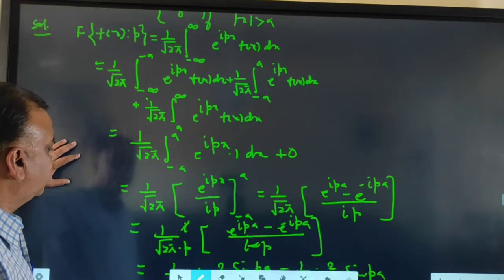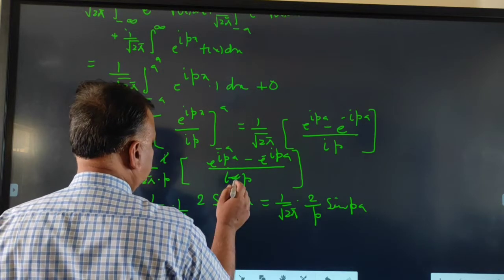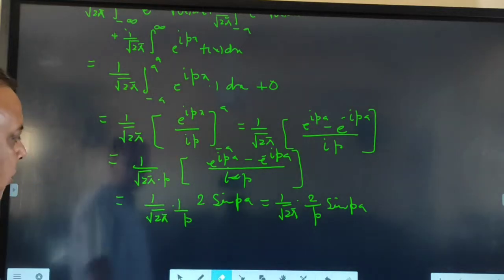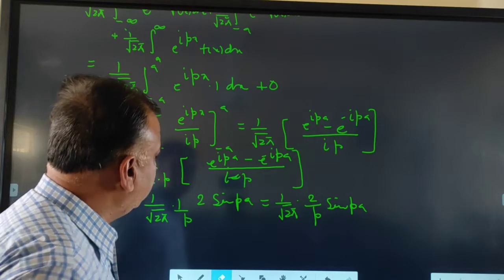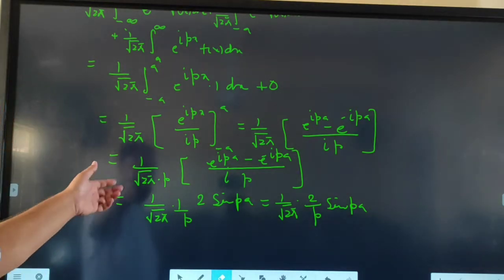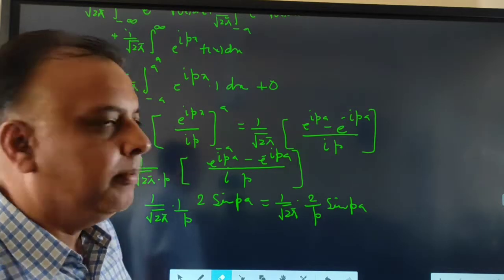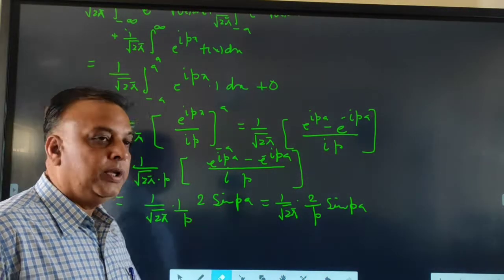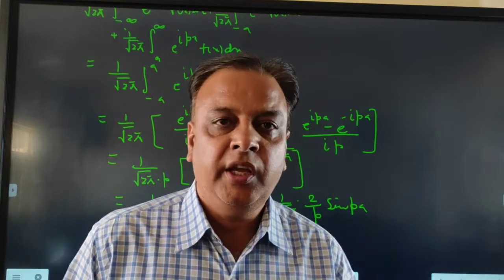Or this can be written as 1 upon root 2 pi into 1 upon p into e raised to iota pa minus e raised to minus iota pa upon iota, and we know that e raised to iota pa minus e raised to minus iota pa upon iota is equal to 2 sin pa. So this is equal to 1 upon root 2 pi into 2 upon p sin pa.